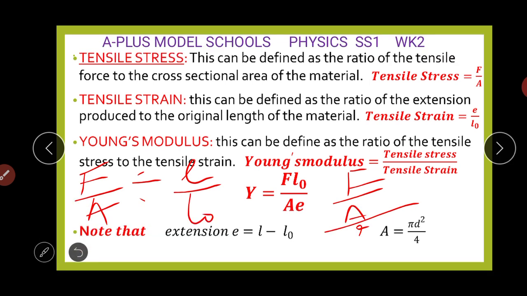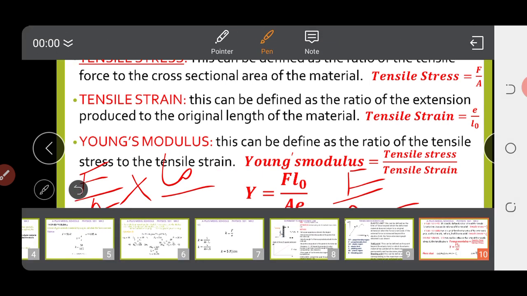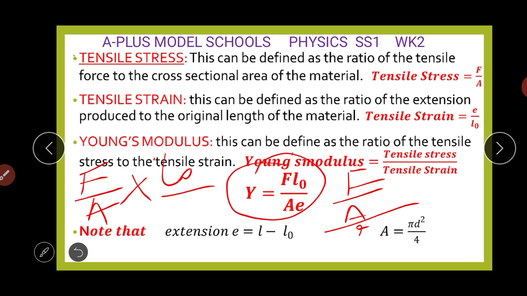So by the time you invert this and multiply, it now becomes L naught over extension. F times L naught gives you F L naught over A e. So the Young modulus is then F L naught over A e, in which the e is the extension, that is the final length L minus the original length.